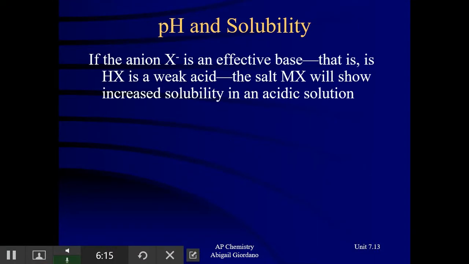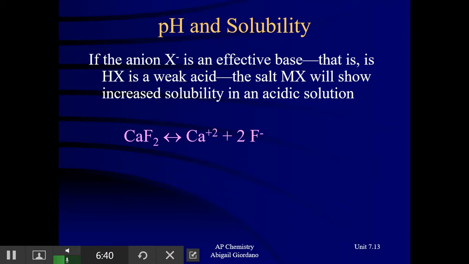Okay. Now, some salts, like calcium fluoride, you might say, okay, well, this is a salt that doesn't have hydroxide in it, so why are we talking about it? Well, this one is an example of a salt that has increased solubility in an acidic environment, and I'll show you why.